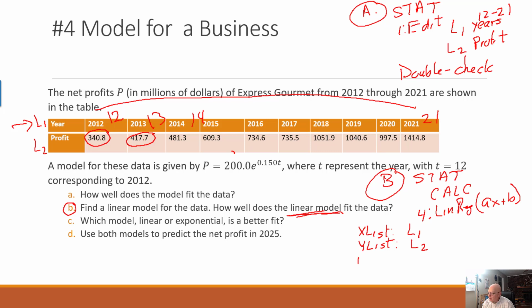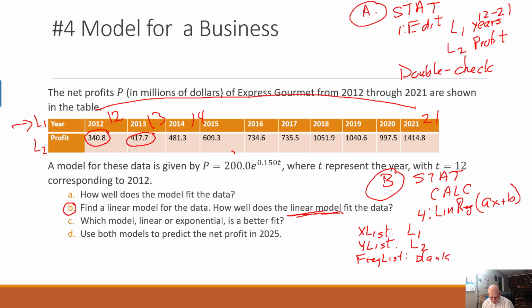Third, it says, how about giving me the frequency list? Well, because each of those is a single ordered pair, you can actually leave this blank. Don't type in blank, just leave it blank.